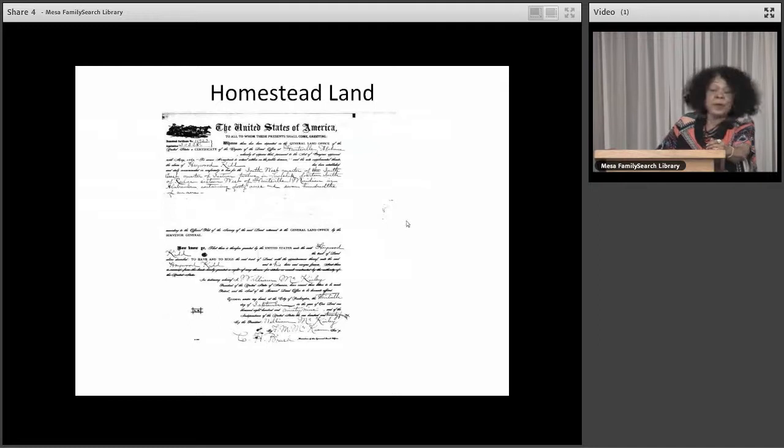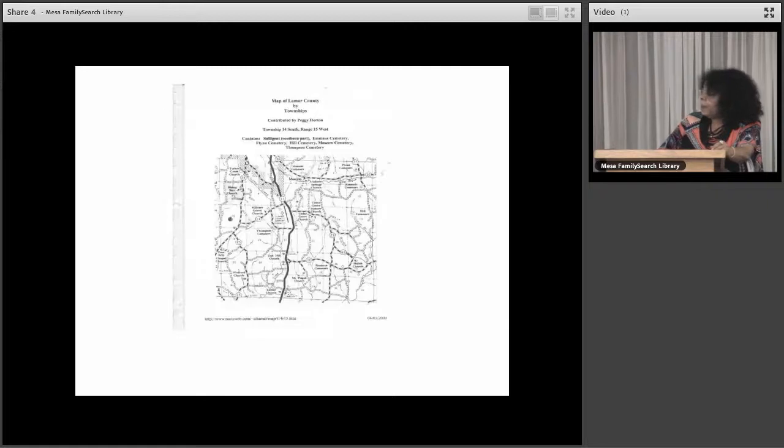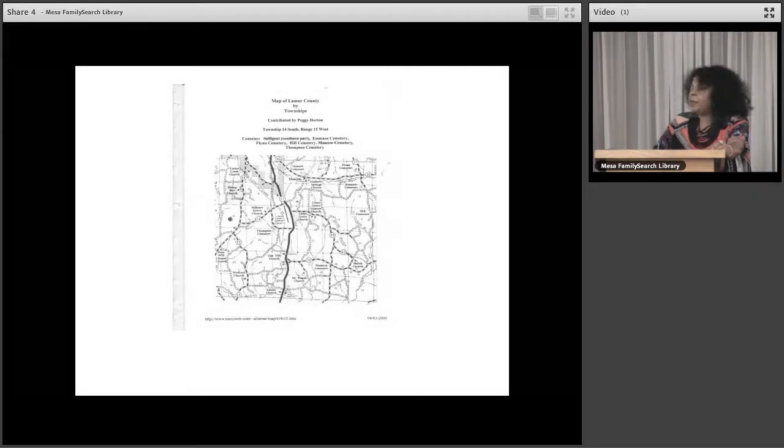This is my great-great-granddad's warrant for his land, and he got this in 1899, I believe. This is a county map from Lamar County, Alabama. You can also get this on the county level. Right over there, it's Rising Star Baptist Church.